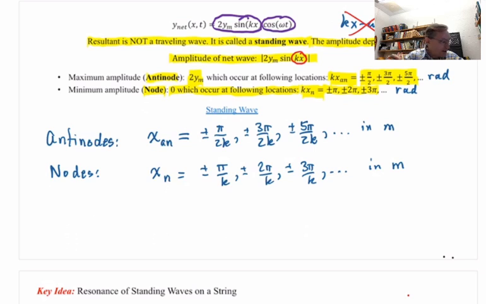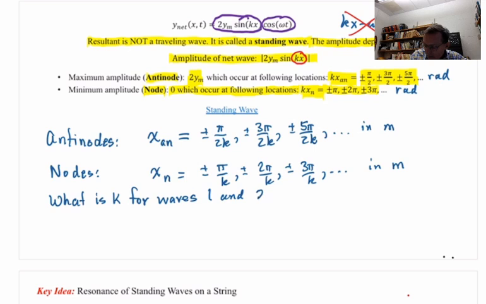And so my first question is, what is the k value for waves 1 and 2? Well, you can calculate it from 2 pi over the wavelength, if you know the wavelength.